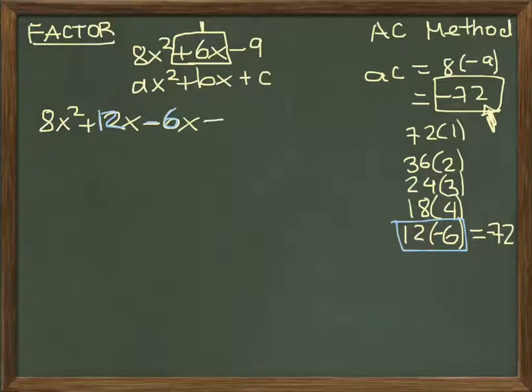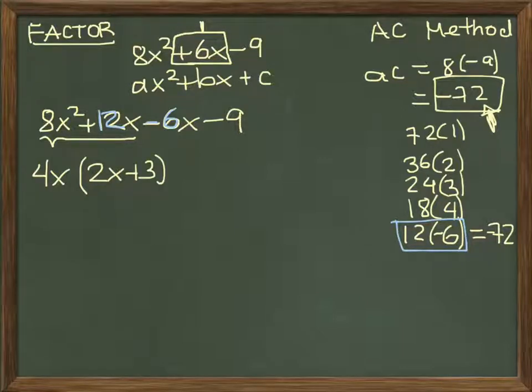Then minus 9. Once you write these four terms, you look at the first two terms and try to factor the greatest common factor from them. It's not that hard, it's a 4x. If I factor a 4x, the other term is 2x, so 4x times 2x gives me the 8x squared, and then I need a 3 to get the 12x.